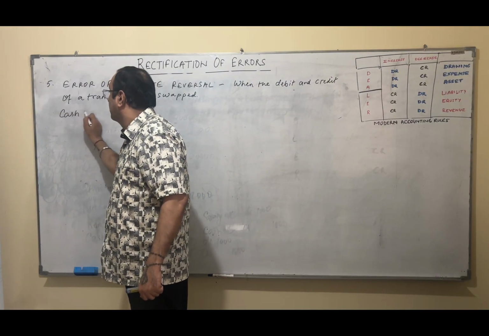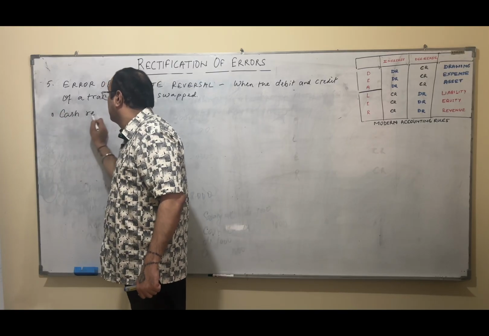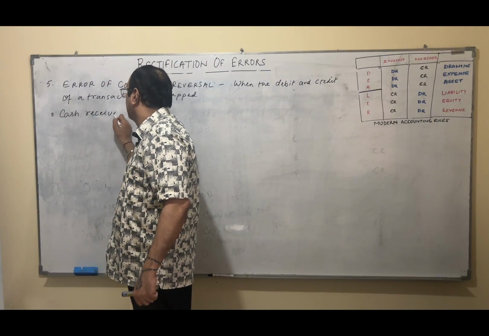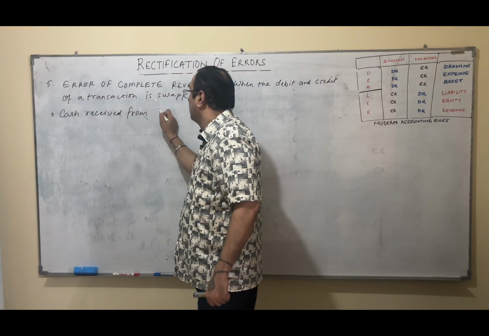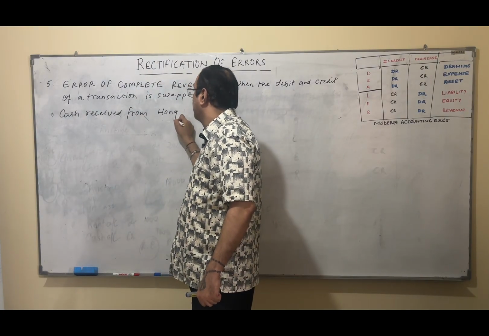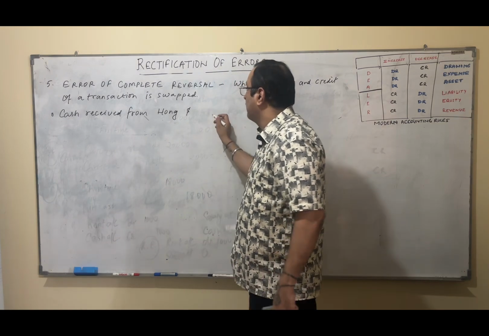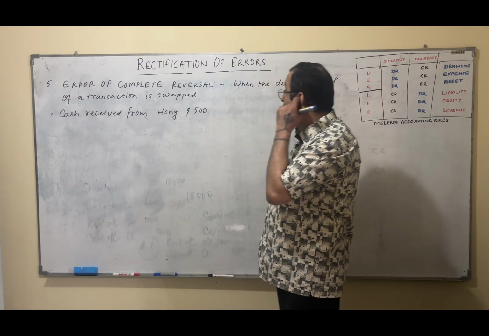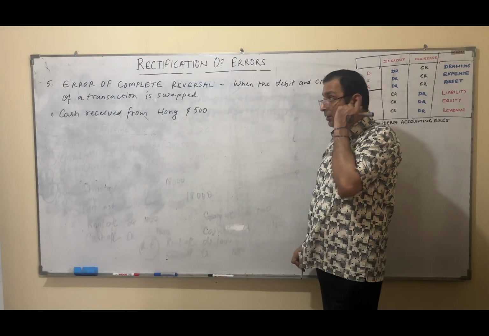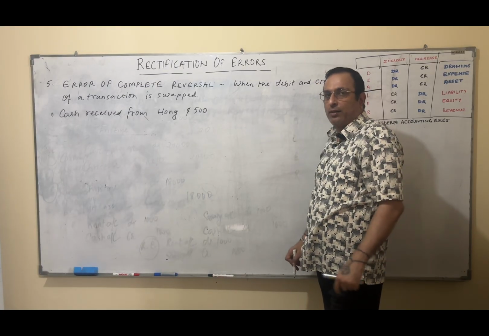Cash received from Hong. Suppose how much cash he is giving us, say $500. When I receive cash from Hong, cash should be in the debit of cash, right?